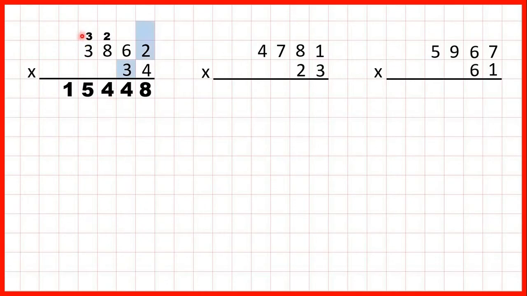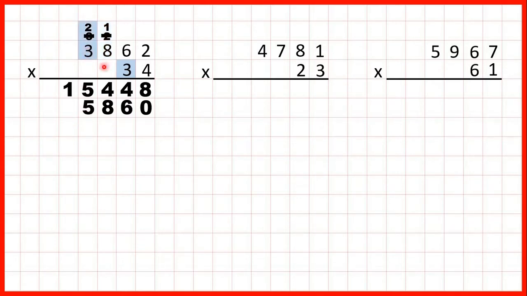So now we need to cross out our working and write a 0 in our second answer line, because now for our second answer line we're going to multiply by this 3, but this 3 is in our tens, so we need a 0 in our ones. 2 times 3 is 6. 6 times 3 is 18, so that's 1, 8, with the first digit above the next digits that we're going to multiply. 8 times 3 is 24, plus 1 is 25, so that's 2, 5.